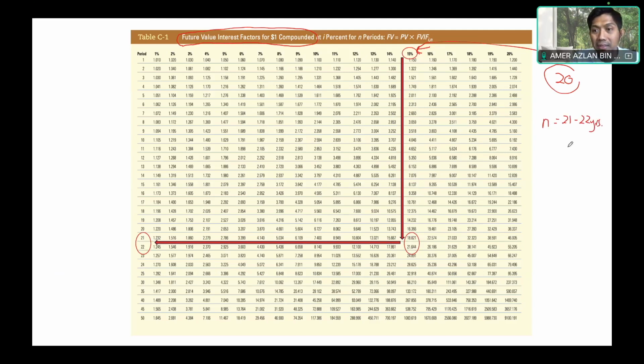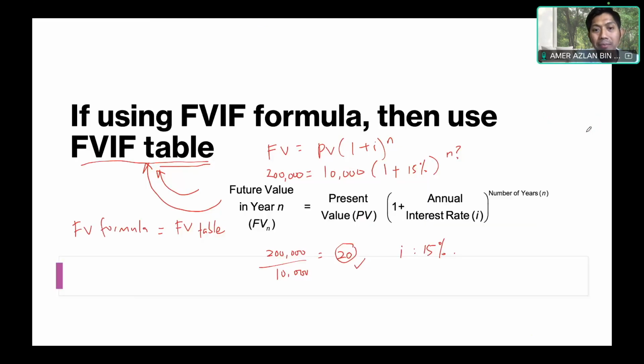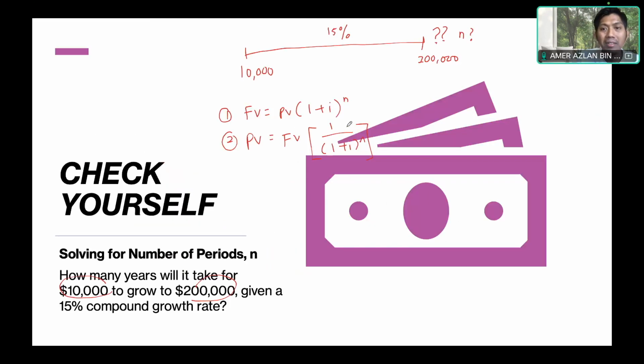That is the answer. All right. So back to the question: how many years will it take for your $10,000 to grow to $200,000? The answer we got just now, it will take around 21 to 22 years for your $10,000 to grow up to $200,000.